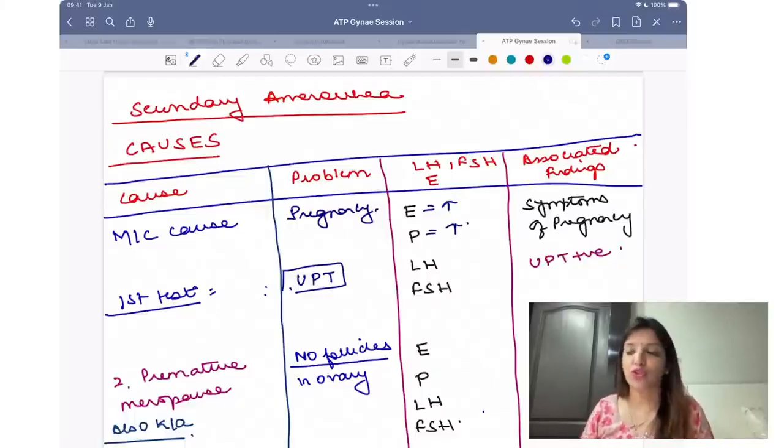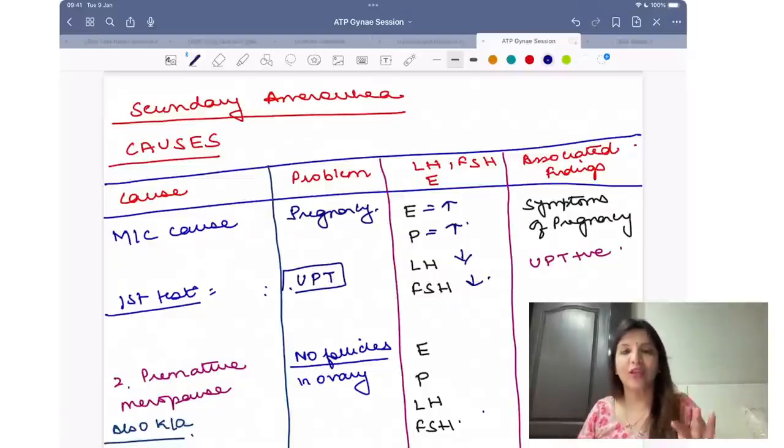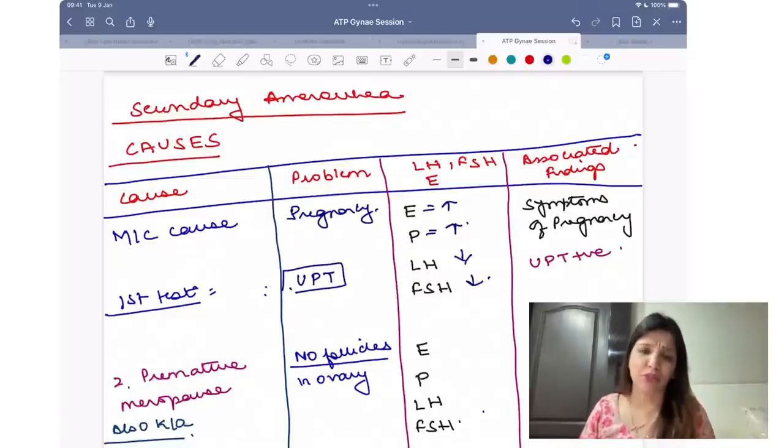Placenta is forming progesterone, so progesterone is increased. Both estrogen and progesterone have a negative feedback on LH and FSH, so LH and FSH are decreased. Your question will tell you some of the symptoms of pregnancy and UPT would be positive. So that is about pregnancy.